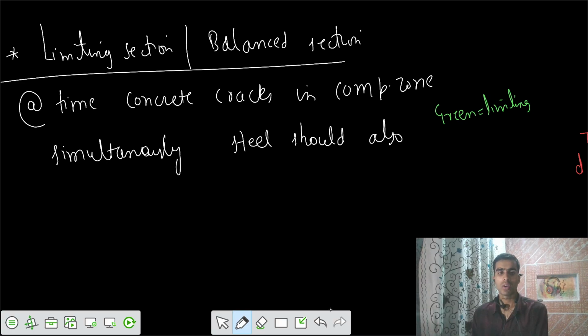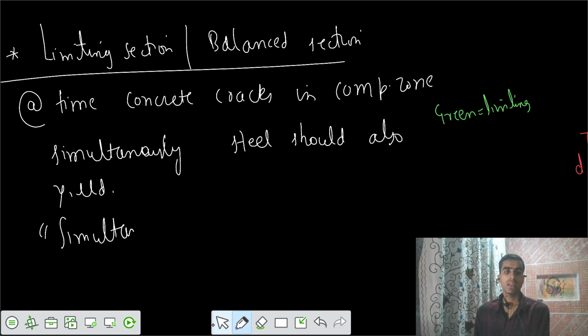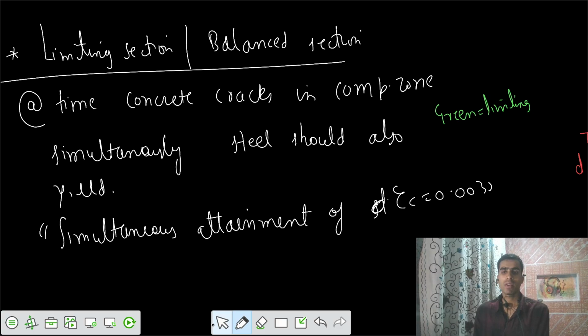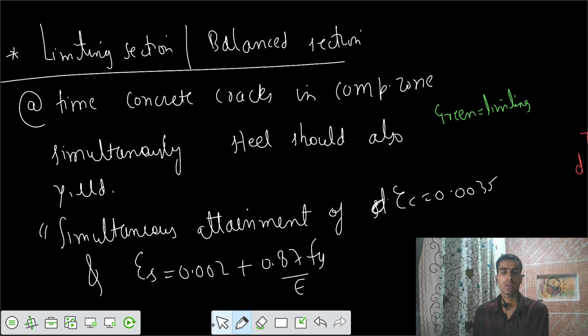That means there should be simultaneous attainment of those strain values: attainment of εc equals 0.0035, and simultaneously a strain developed in the steel equal to 0.002 plus 0.87 fy by Es.